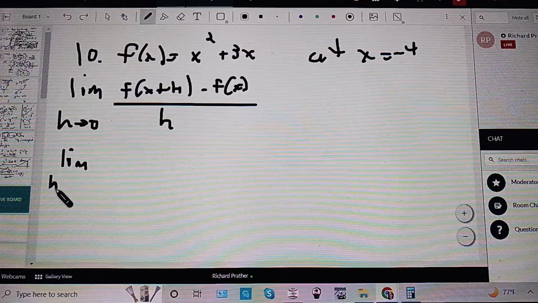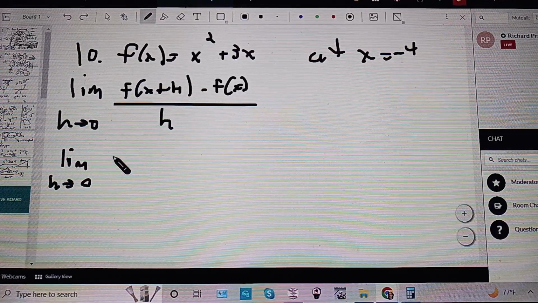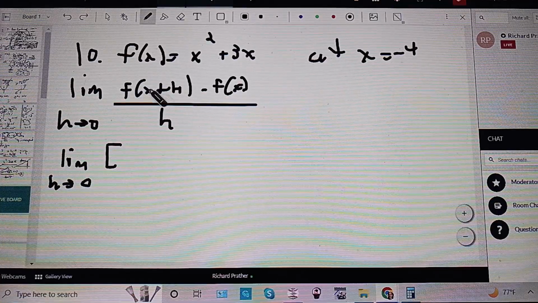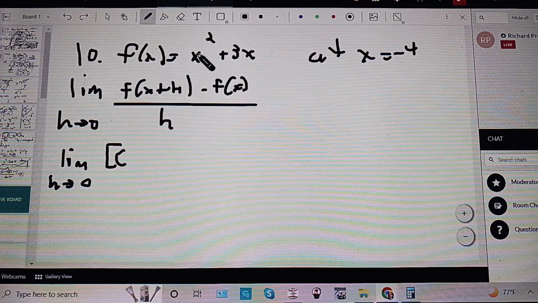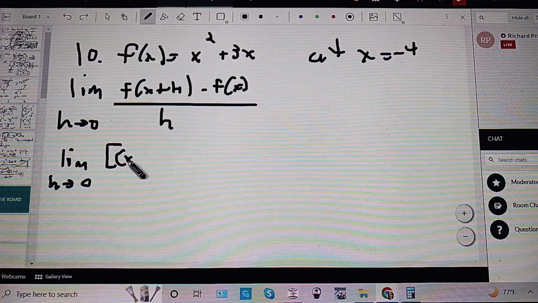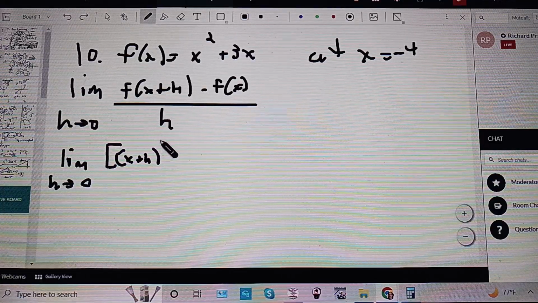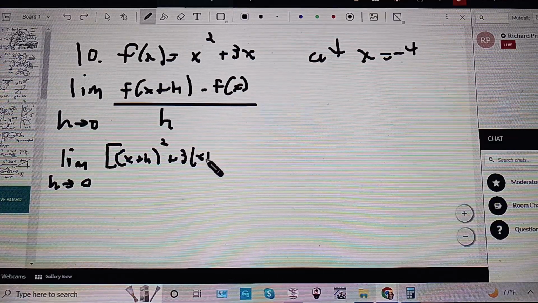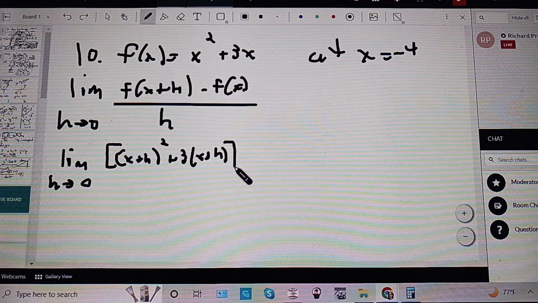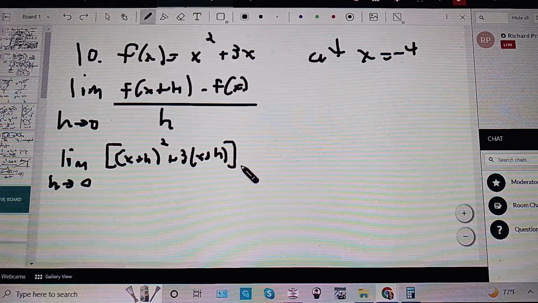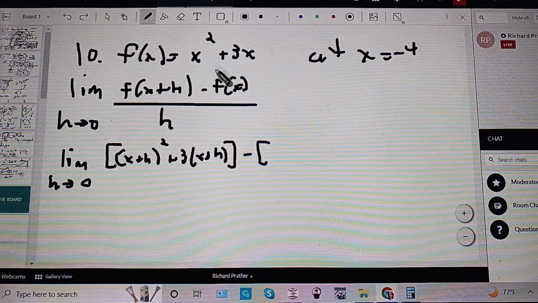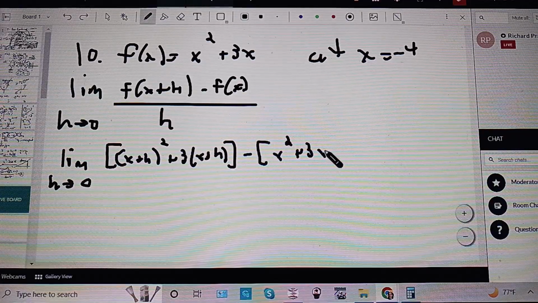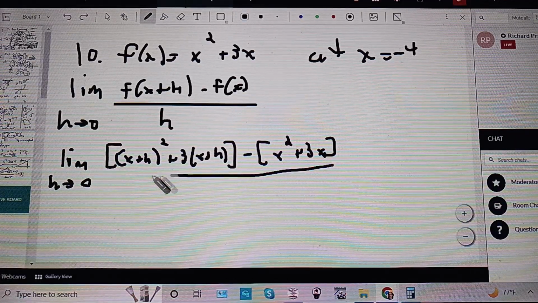So here you'll see it all in one long line because back there I kind of ran out of room doing it part by part. So I like to put a bracket for the f of x plus h. X plus h goes here. Plus 3 times x plus h. And then we do minus f of x, just rewrite it as it is, all over h.